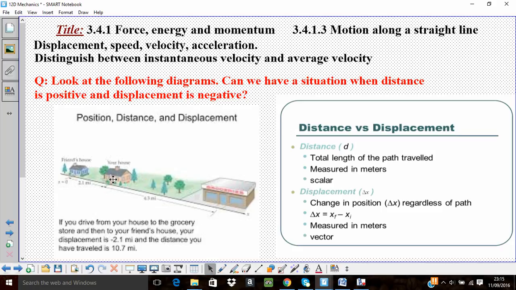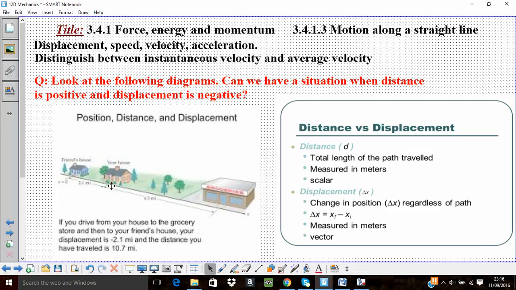You go from your house to the grocery store, and then you're going back to the friend's house, which is farther down the road from your home, and then we observe that the displacement is minus 2.1 miles. It's 4.3 miles from the house to the grocery store, 4.3 miles back, and then another 2.1 miles to the friend's house. But the distance is 10.7 miles.